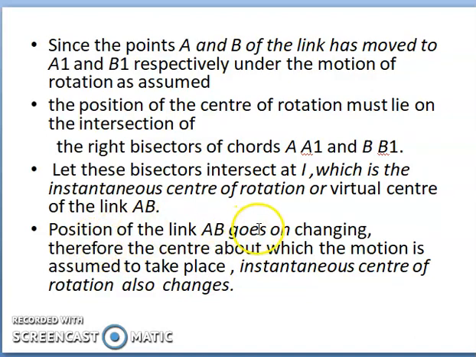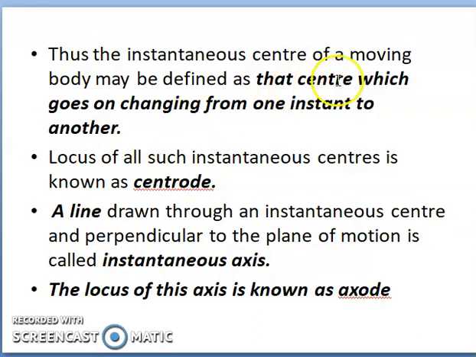The position of the link AB goes on changing. Therefore, the center about which the motion is assumed to take place is also changing. That is, the instantaneous center keeps on changing. That is why it is called instantaneous, because it changes from one instant to another. The locus is the path which the instantaneous center travels.